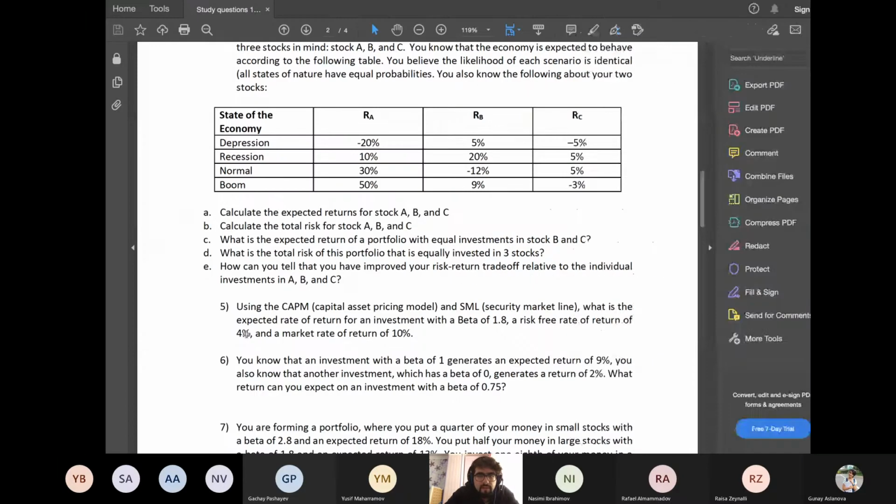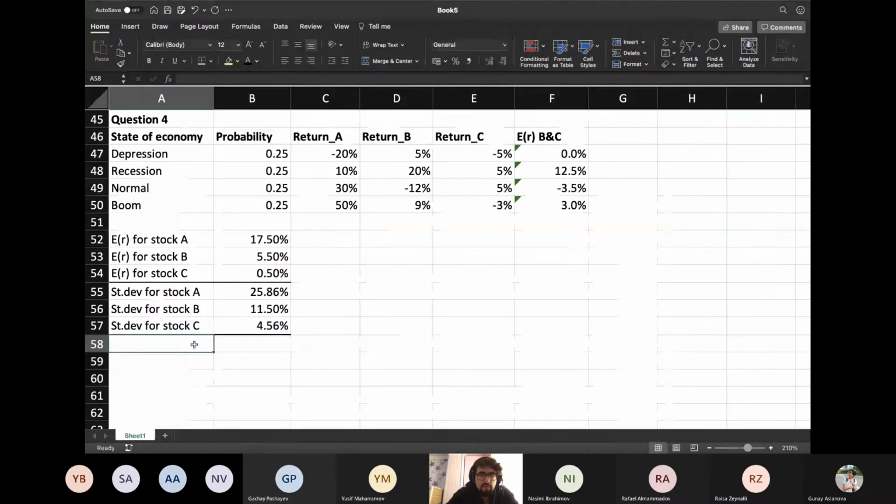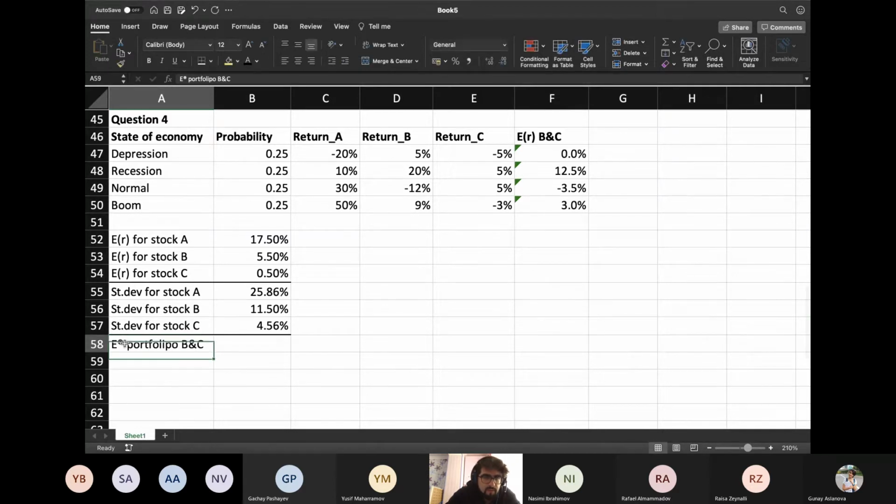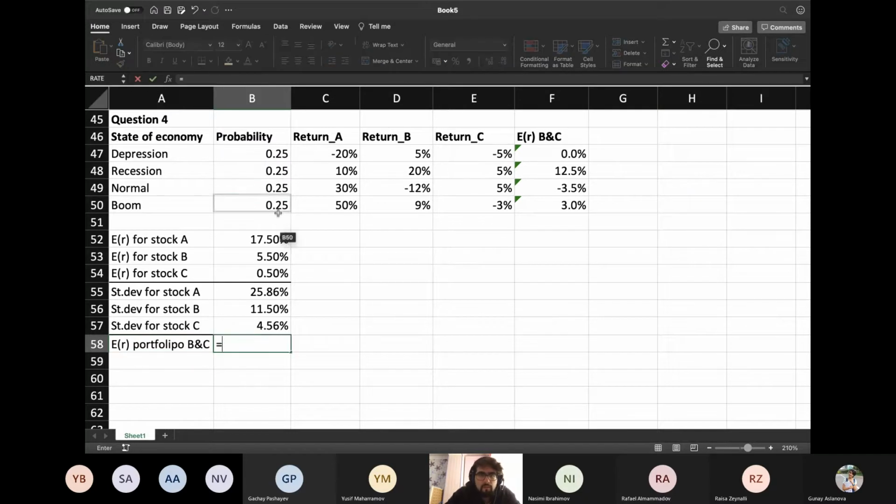And expected return on portfolio, AR portfolio, B and C. Probabilities are also the same, so 0.25 times the summation of all of them. 3%.